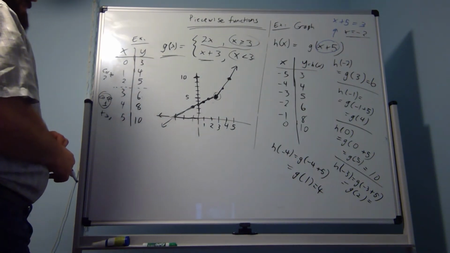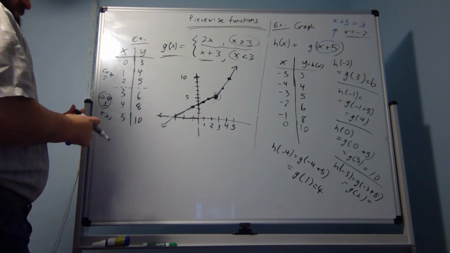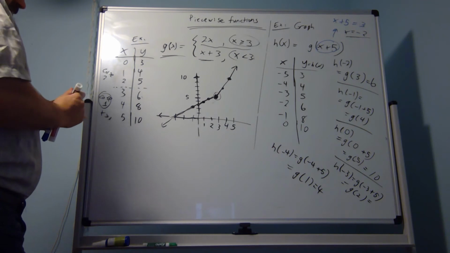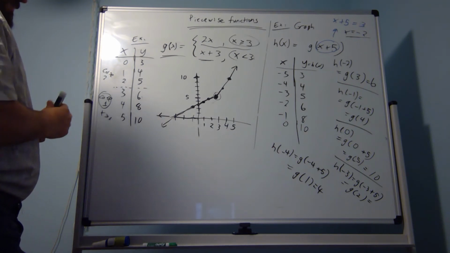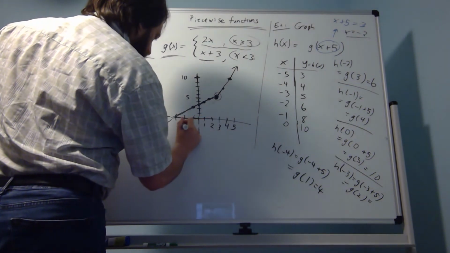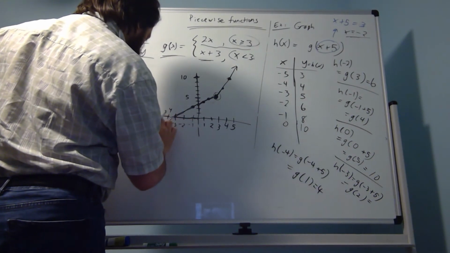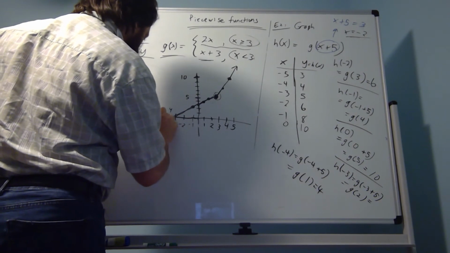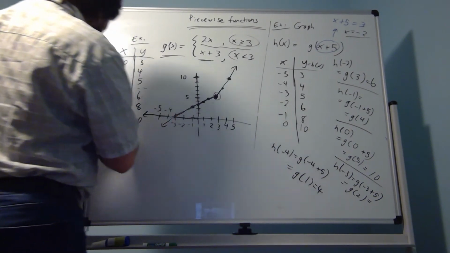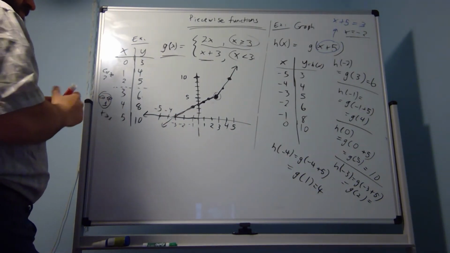And, well, we have to make a brand new graph. Let's use the same axes. Do we have enough room? So -1, -2. Yes, I'm going to use red for this one.